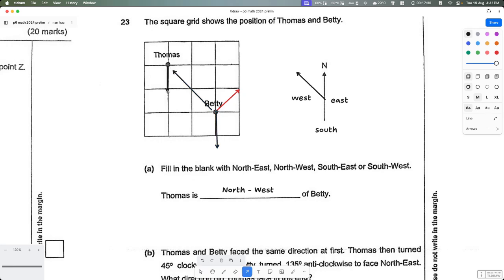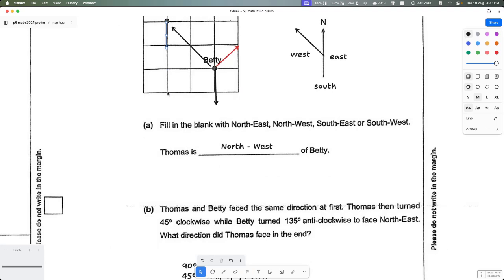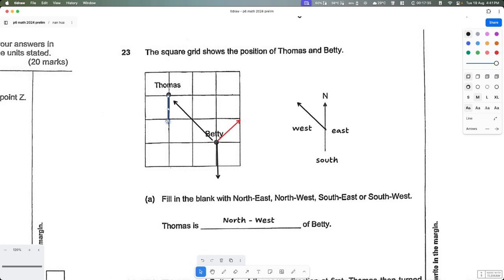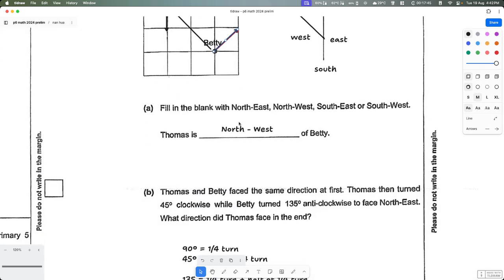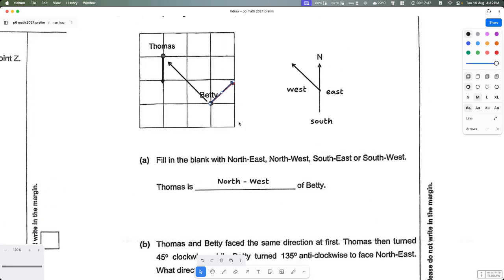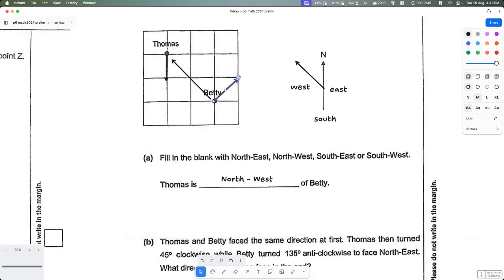Let me arrow south first, and then he turned clockwise, which is this way. So Betty was facing, whoops, anti-clockwise, she was facing like this, right? North, northeast.